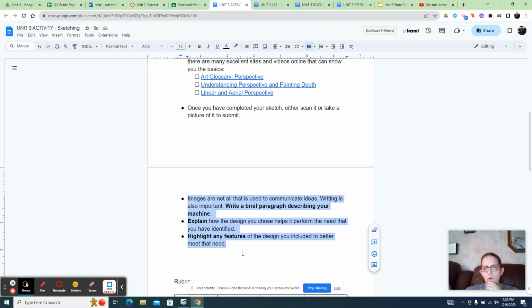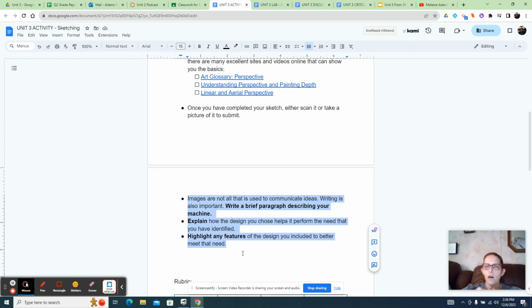Okay. So on this one, you're going to come up with a need. So say, for example, I babysit someone who can't hold a spoon. And so I need to create a spoon that will strap to this baby's hand. So then I'm going to create a spoon that has a strap that velcros, right?